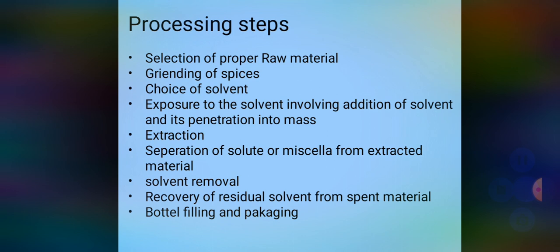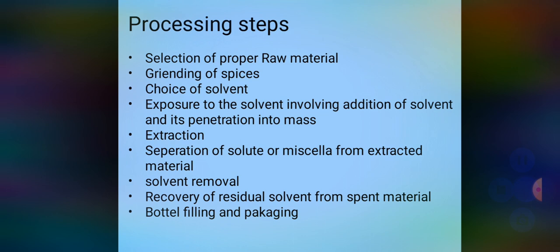Next process, that is the separation of solute or micella from extracted material. After extraction the solvent is removed, and then residual solvent is recovered from the spent material. So whatever the micella or our sample from which we extracted oleoresins, this also contains some solvent, so it should not be lost.